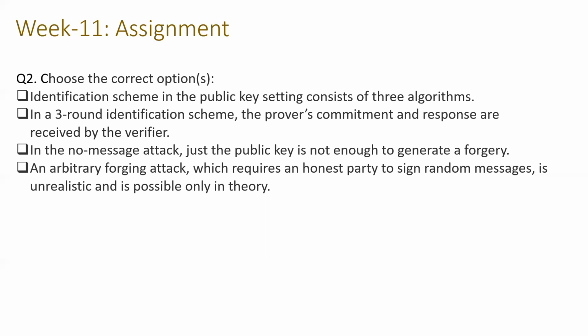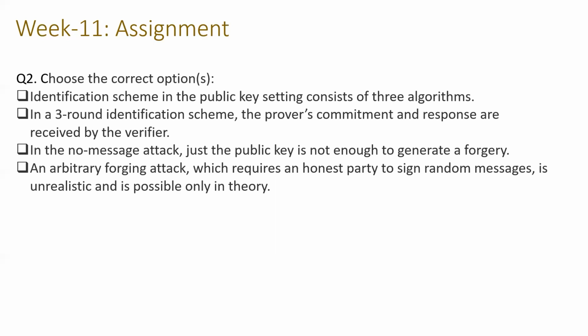Now that you have computed M2 as M times M1 inverse, you access the signing oracle with the query M2 and get the signature sigma 2 corresponding to M2. So you now know sigma 1 corresponding to M1 and sigma 2 corresponding to M2.